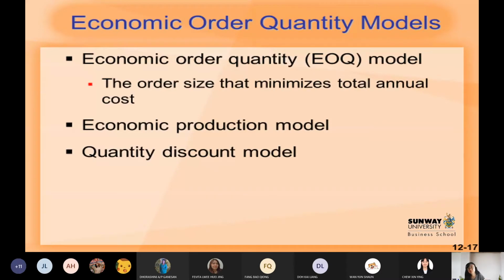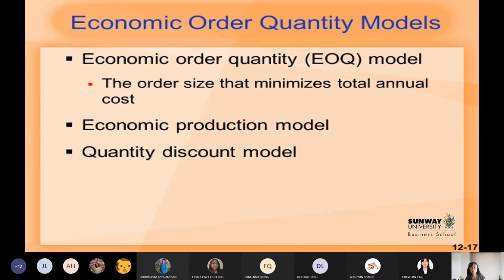There's some note for you that I keep repeating, so that at least you are aware how many types of inventory calculation model there are. In the inventory model, yes, you have economic order quantity, you have production quantity, you have quantity discount, and the last one is how you manage your safety stock.